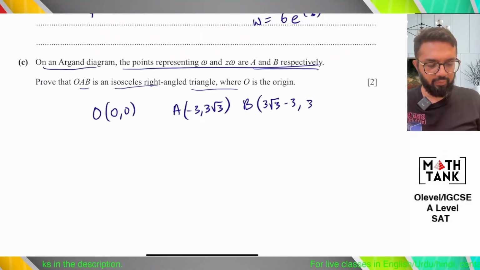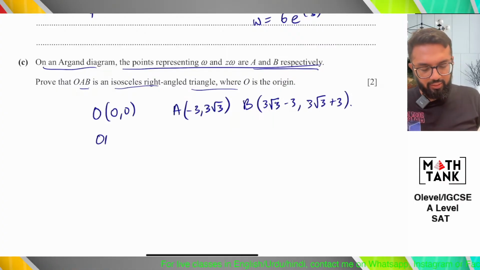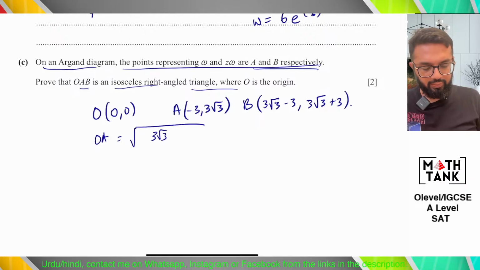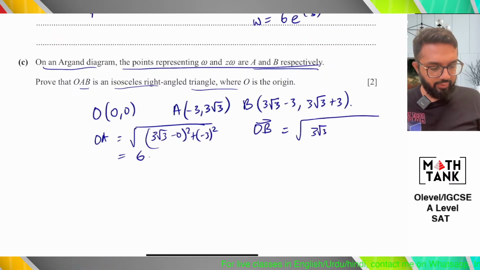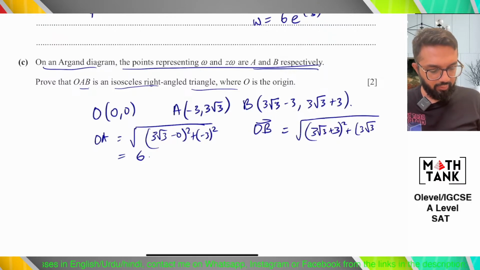And that's a perfectly fine way of doing it, although it's the longer way in this case. But I can find out OA. OA is 3 root 3 minus 0 squared plus minus 3 squared gives me 6. Okay, I can find out OB as well. That's 3 root 3 plus 3 squared plus, I'm not finding a vector.